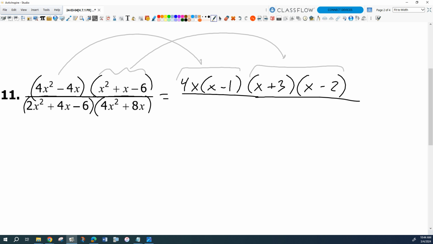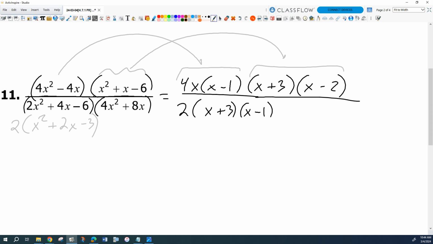Okay, how about this guy here? Anything I can do? Take a 2 out, and that leaves behind x squared plus 2x minus 3. So what's that break up into? X plus 3, x minus 1.